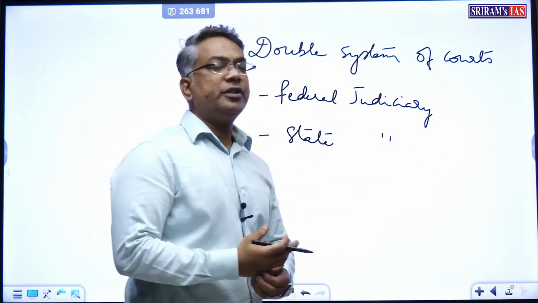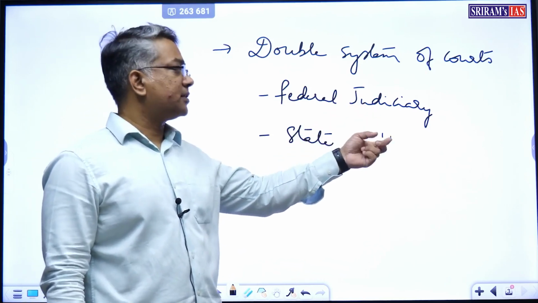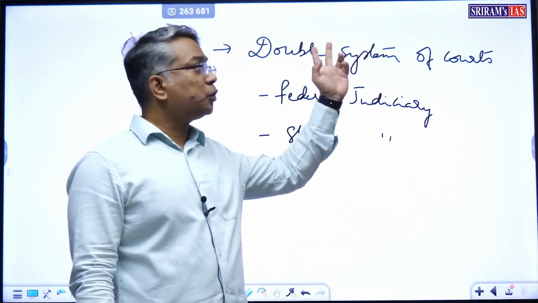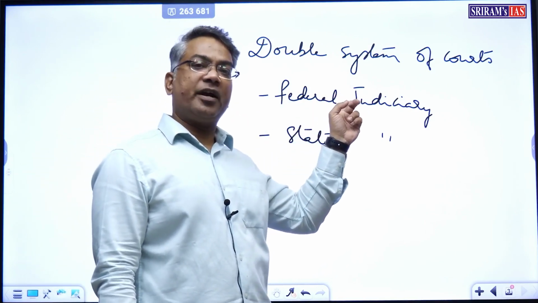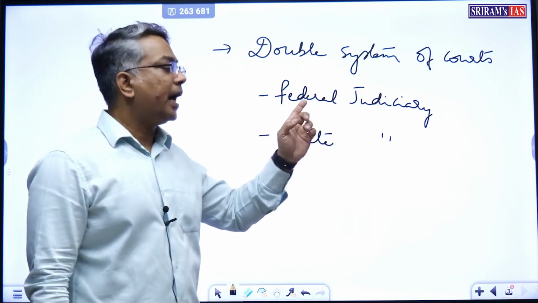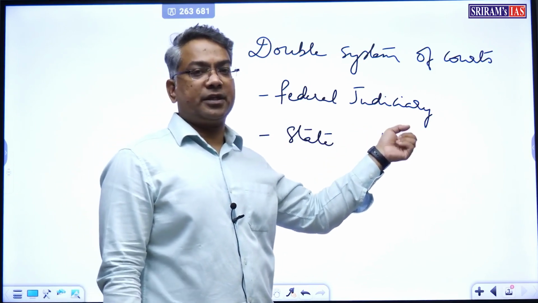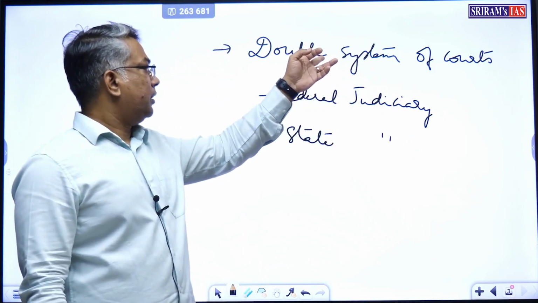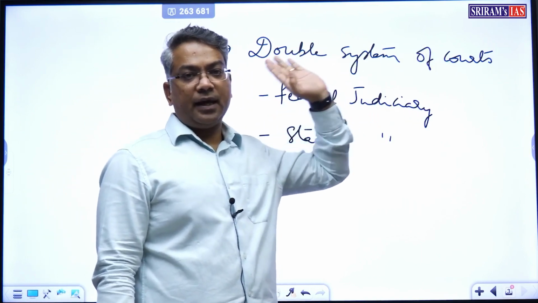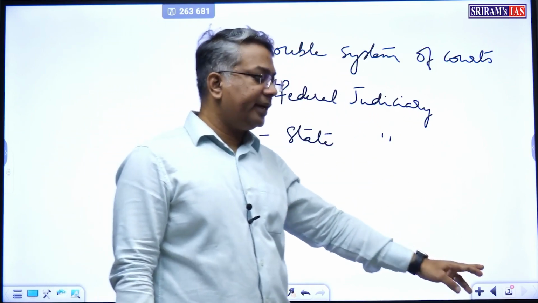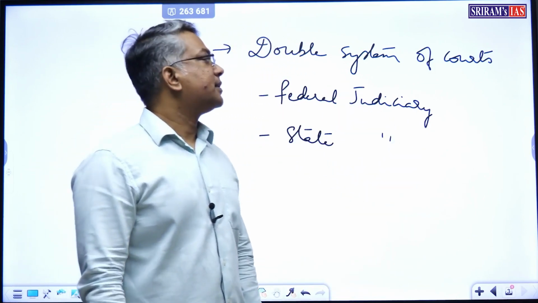The federal judiciary enforces the federal laws, and the state judiciary enforces the state laws. There are two sets of courts. We have already learned that, unlike the American Constitution, the Indian Constitution establishes an integrated judicial system.